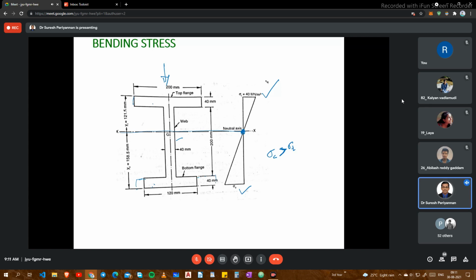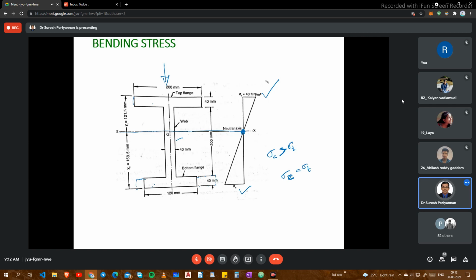If both flanges are the same size, then sigma c is equal to sigma t. But that's what I'm saying, it depends on the neutral axis with respect to the design geometry of our component.